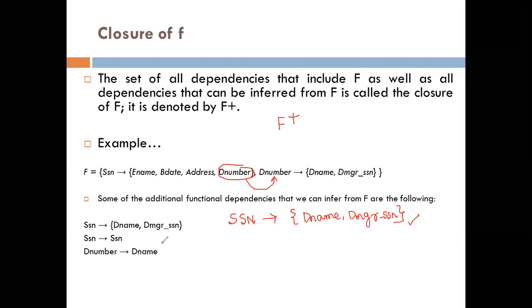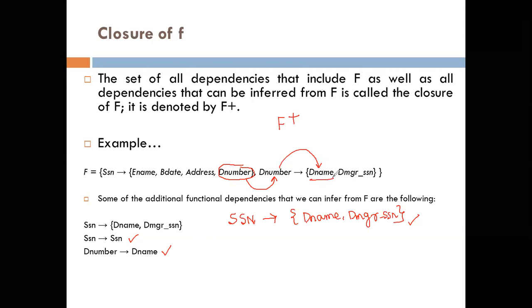Further, we can also determine that SSN is determining SSN itself. That is the self dependency. And department number is determining the department name, because we can take only one part out of it.